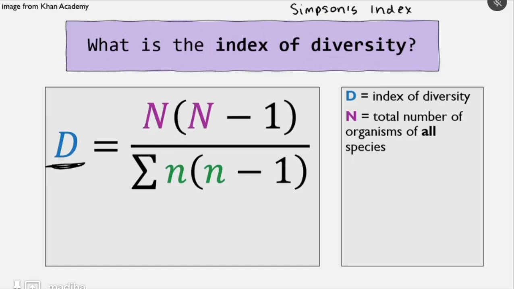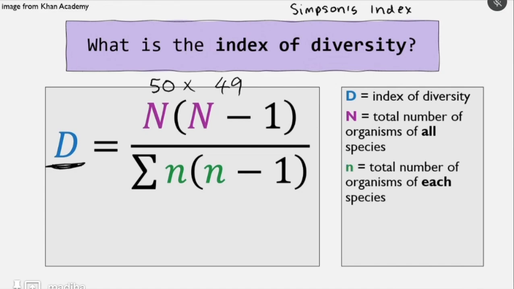Capital N, the purple N, is the total number of organisms of all the species. So everything in that community, everything in that habitat, we're just going to add it all together. And we're going to do that times N minus 1. So if you had 50 organisms in one habitat, we just times it by 49. Pretty straightforward.